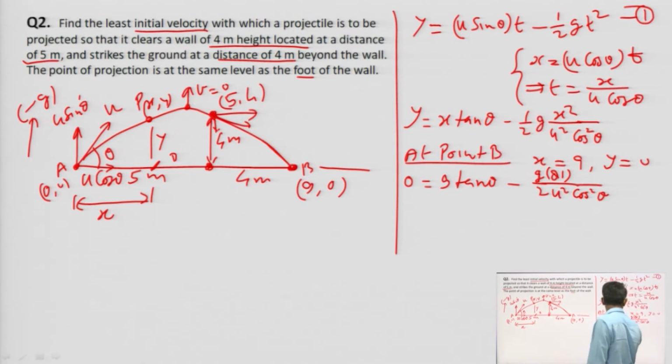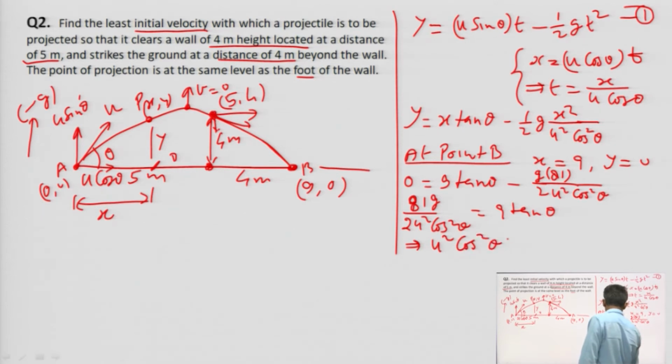From here we will have 81 g by 2 u square cos square theta is equal to 9 tan theta. So, finally, we have u square cos square theta is equal to 81 g by 9 tan theta.